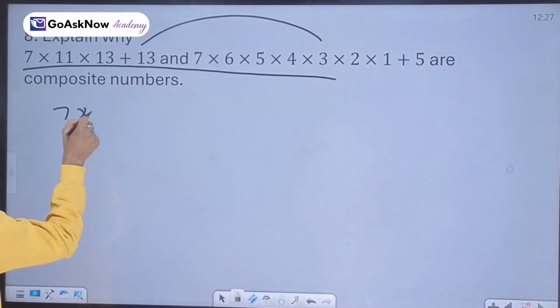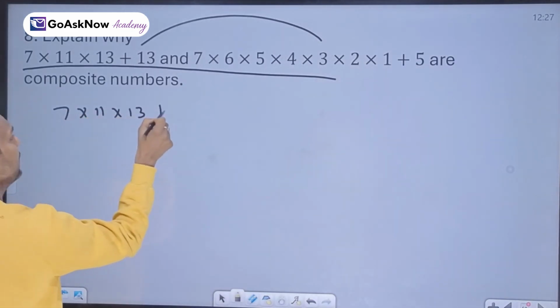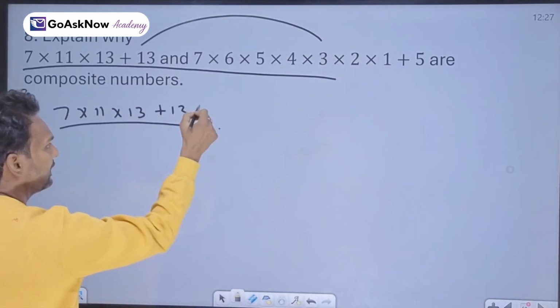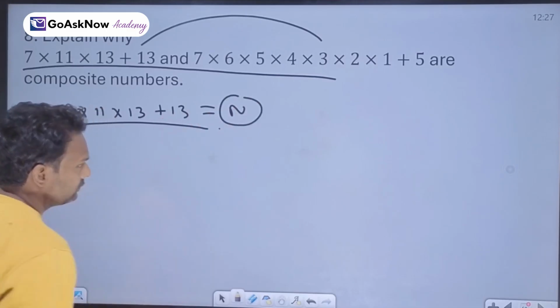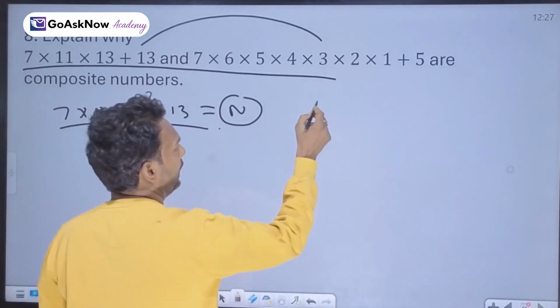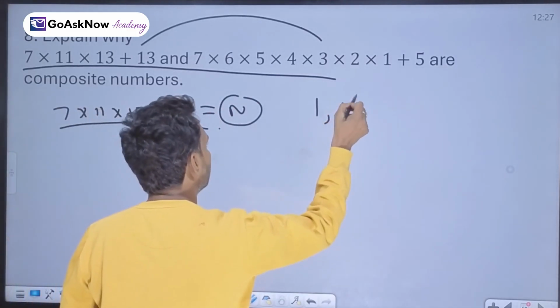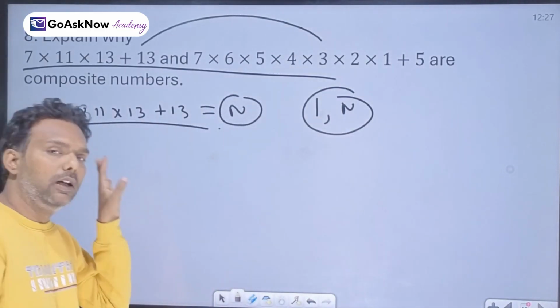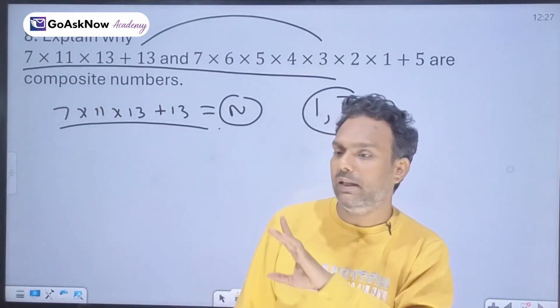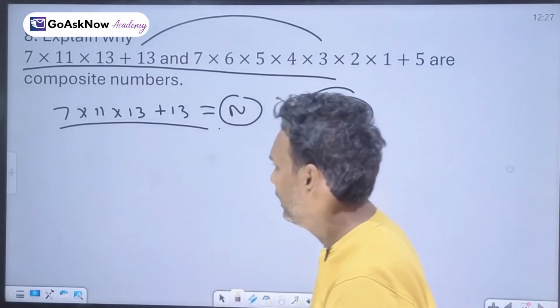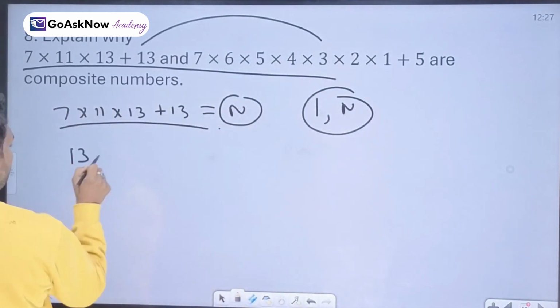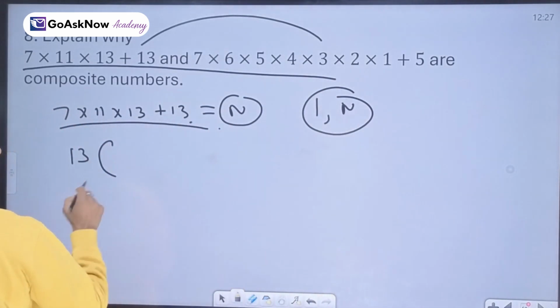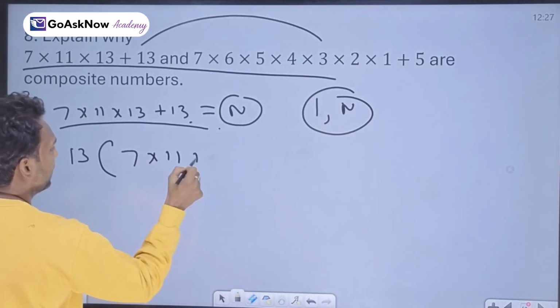So 7 into 11 into 13 plus 13. This is a number n, and it has 2 factors, 1 and n. Now if we get a third factor for this number, it will be proved that it is a composite number. So we take 13 common from both: 13 into (7 into 11 plus 1).